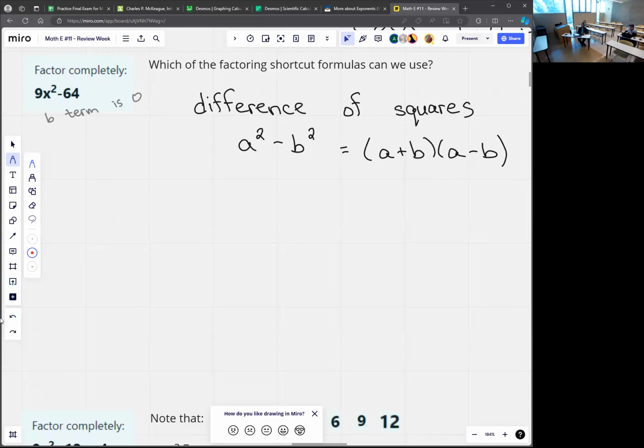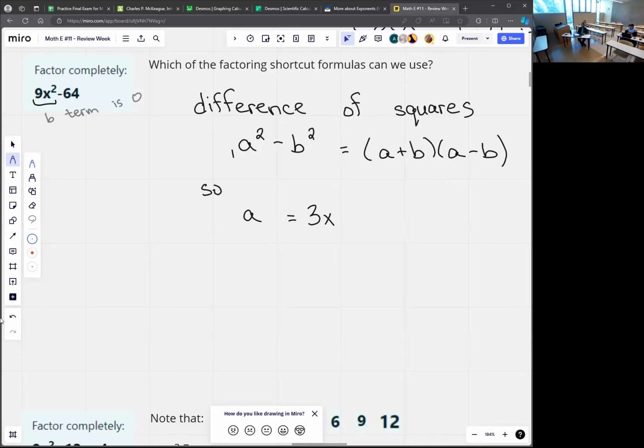So if we look at what we have here, then my a is something squared. What times itself is 9x squared? 3x, right? 3x times 3x is 9x squared.